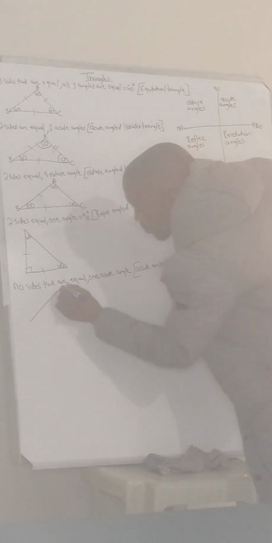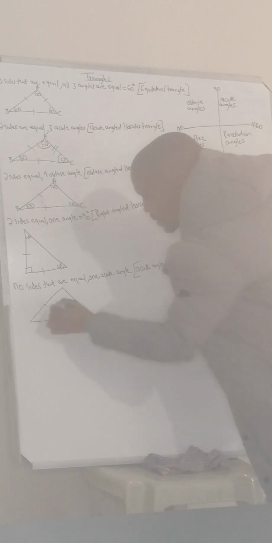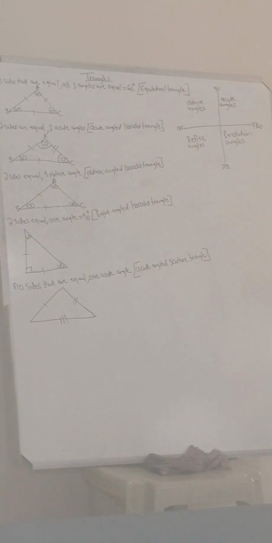Now, I will draw one. No sides that are equal. Those sides are not equal. Right. No sides that are equal, but there is only one acute angle, an angle that is between 0 and 90.